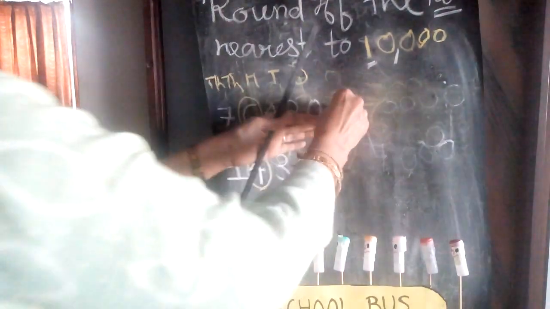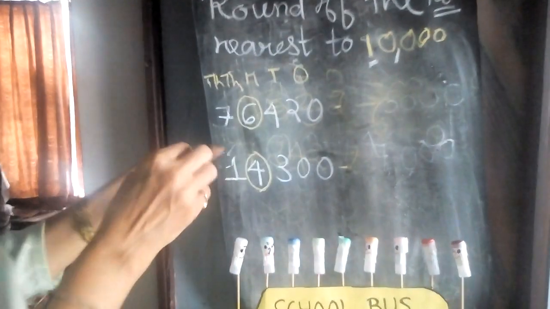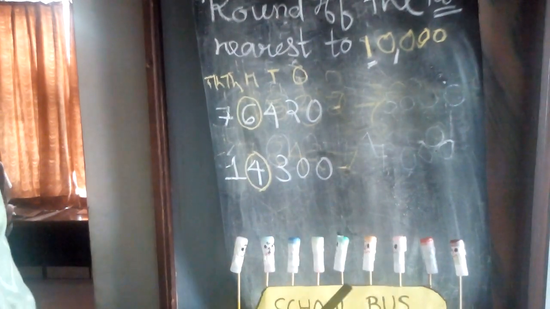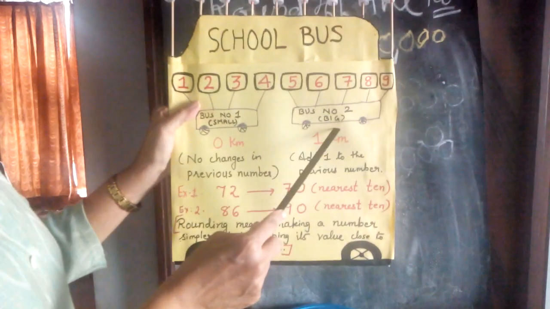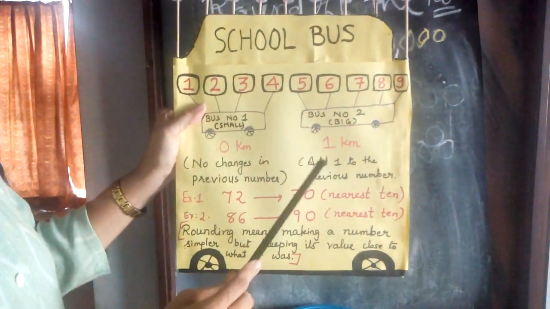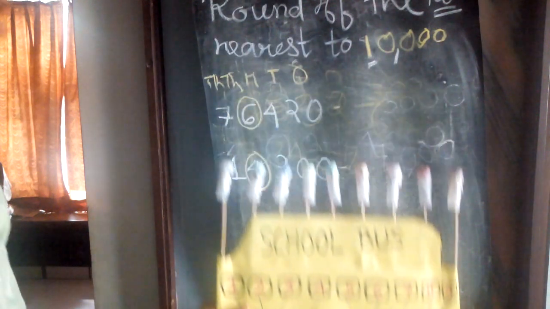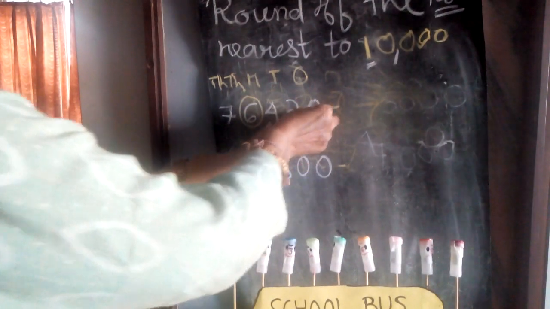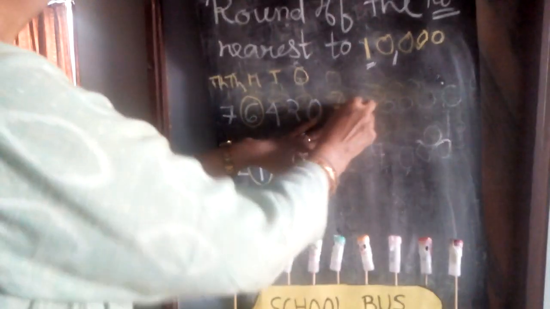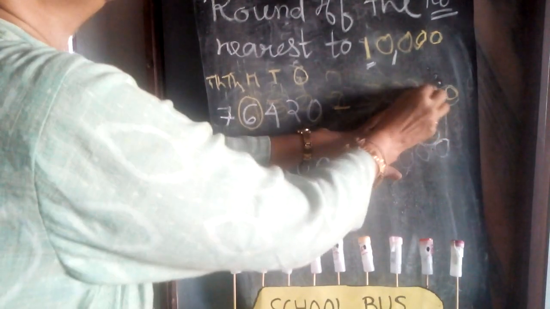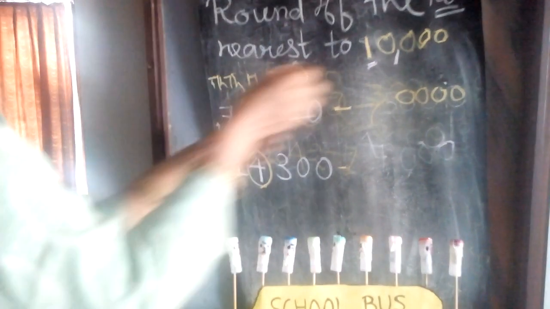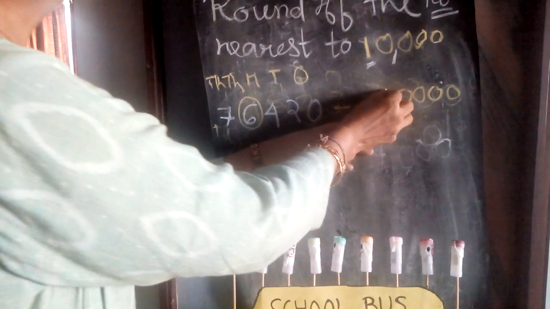Now look at the first number. When you are circling the thousand place, the number is 6. 6 means 6 standard. 6 standard again in big bus, 1 kilometer, add 1 to the previous number. So we are adding 1 to the previous number, means all our digits up to 1000 will be 0. And we are adding 1 to the 10,000 place, that is 7 plus 1 is 8. So it is 80,000.